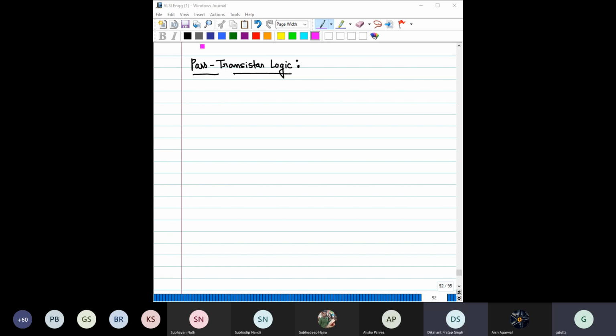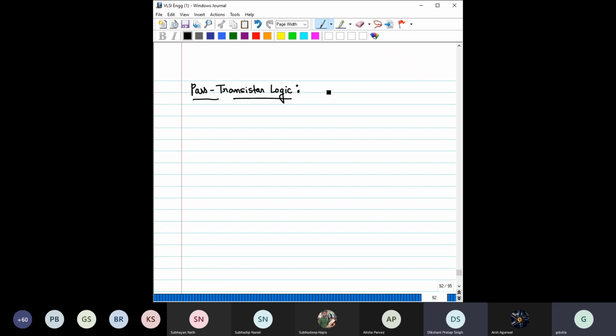So what is pass transistor logic? Before introducing it, let us quickly review something small. So far we have discussed static CMOS logic and dynamic CMOS logic.